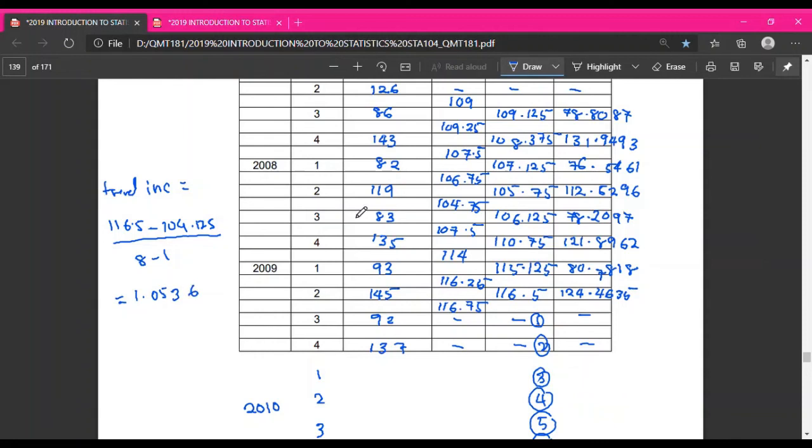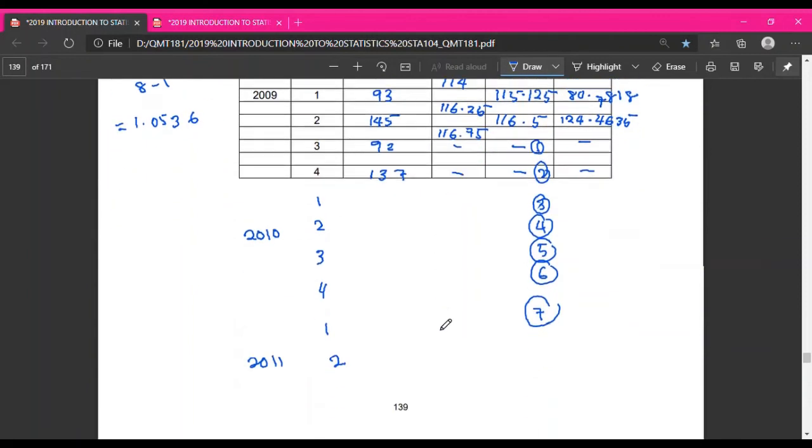So kita nak cari nilai trend for the first quarter 2011. Okay, what to do is first quarter, Q1 2011. So it will be a last trend which is 116.5. Okay, plus dengan how many increment is 7.